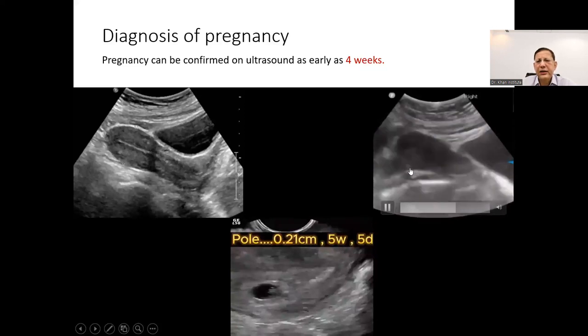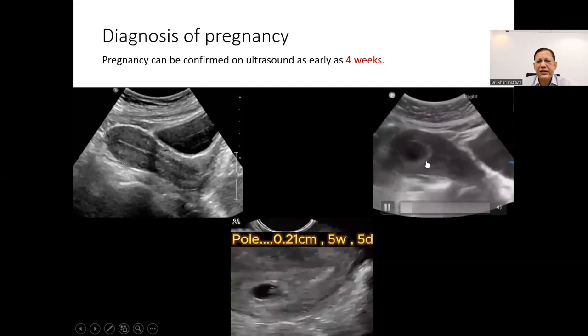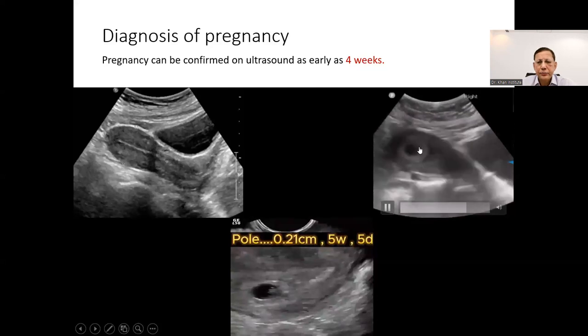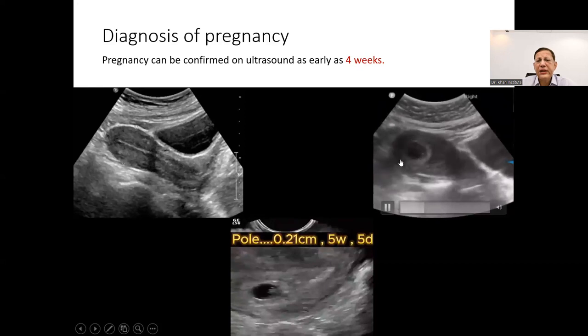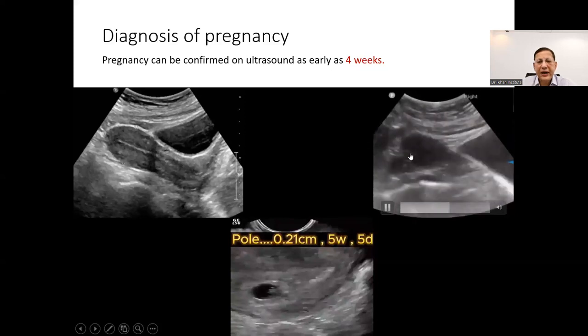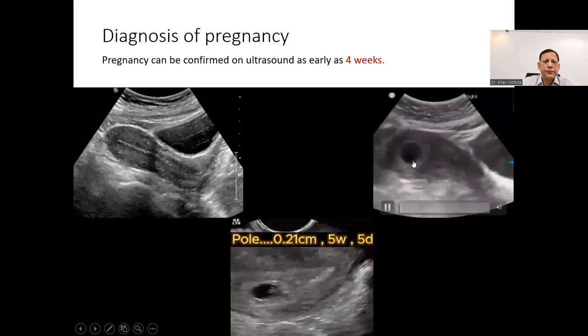This is the typical appearance of a gestational sac. So whenever we see this type of structure within the endometrial cavity, we can confirm that the patient is pregnant.